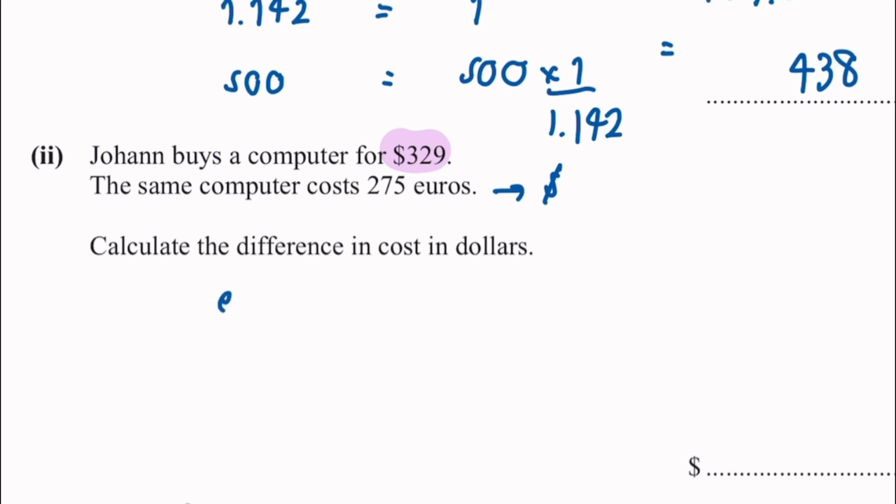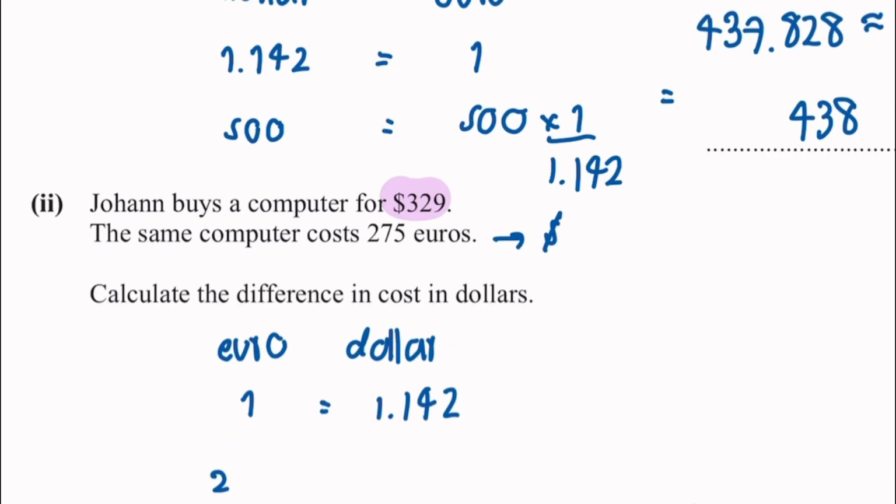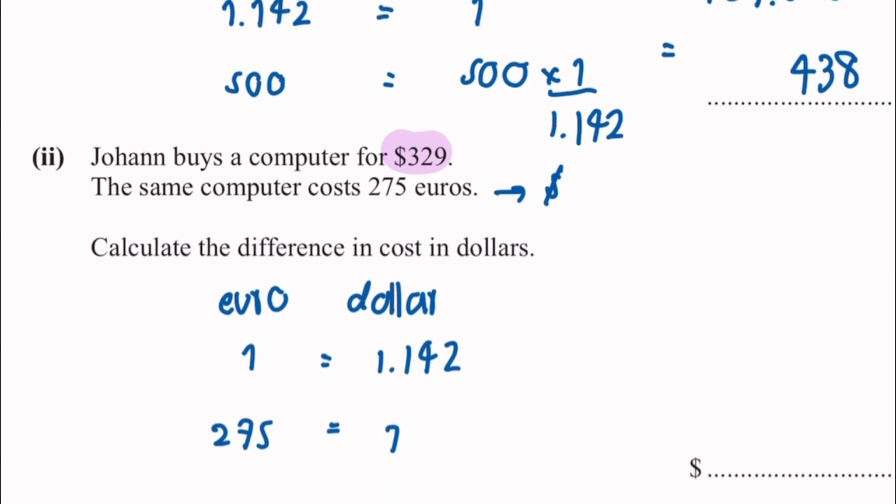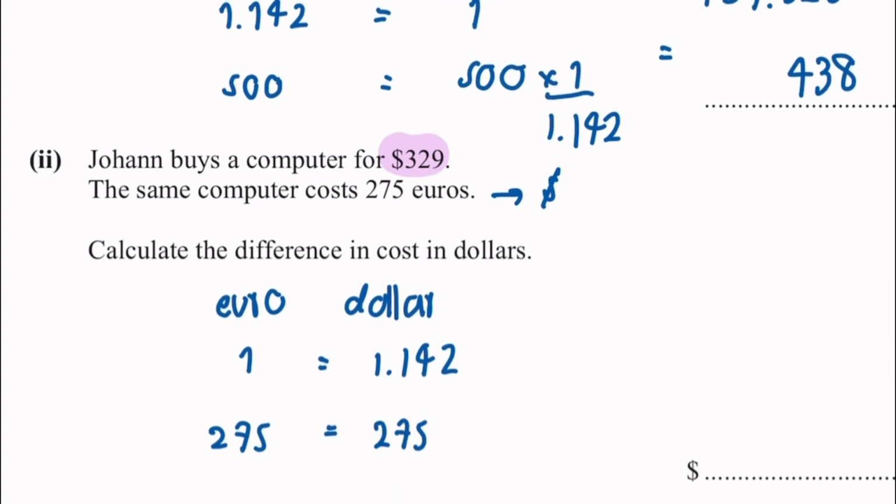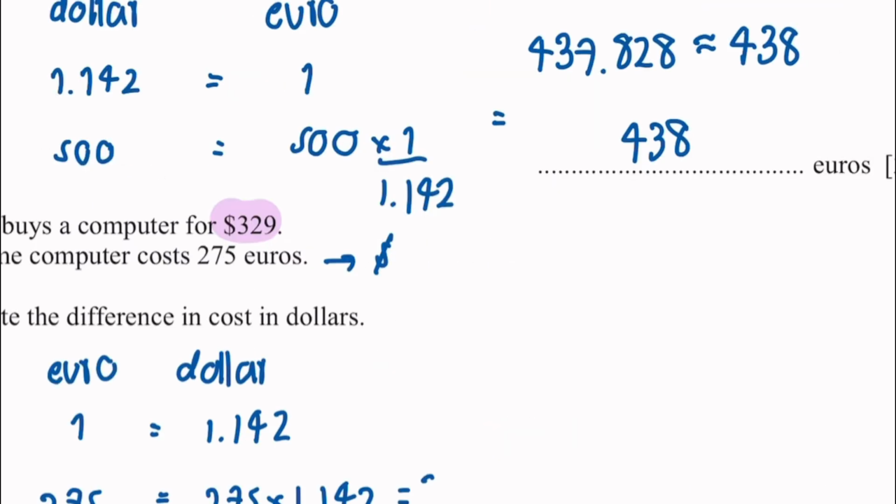Therefore, €1 equals $1.142. Therefore, €275 equals $314.05.